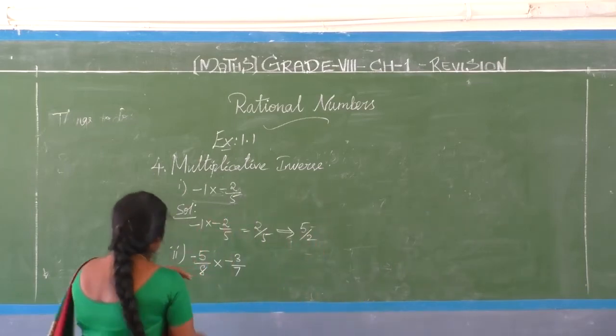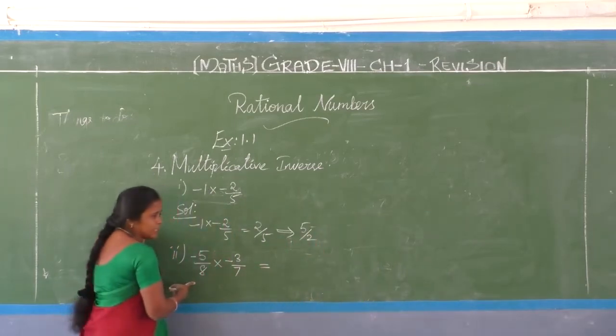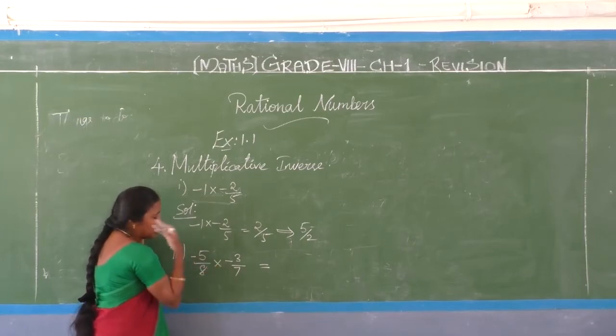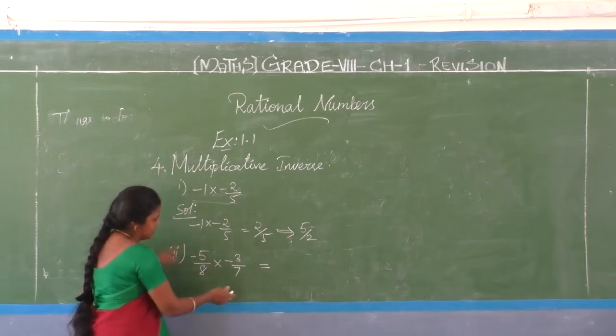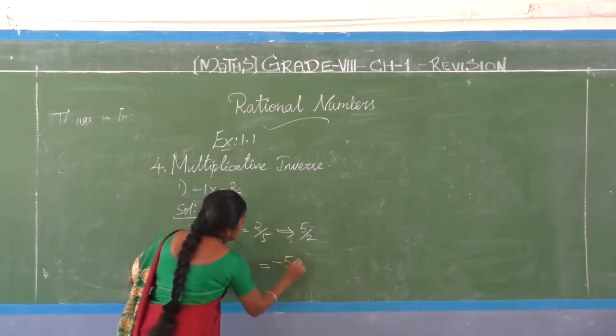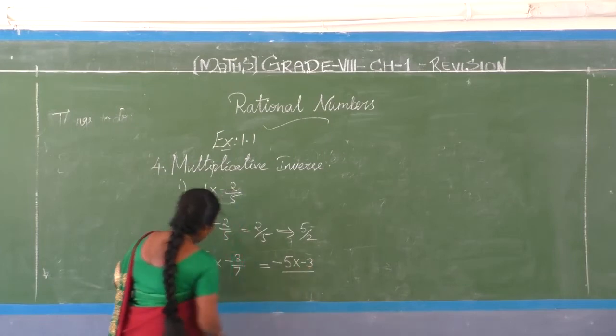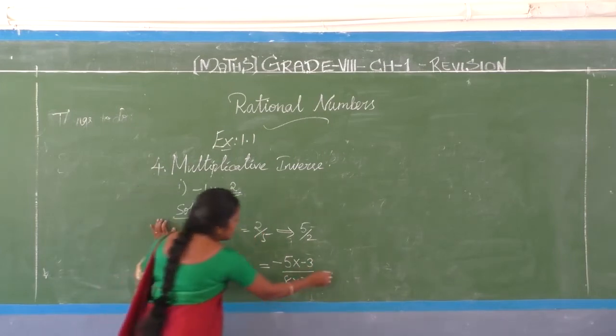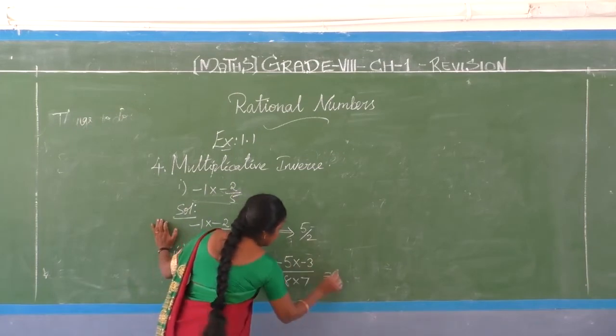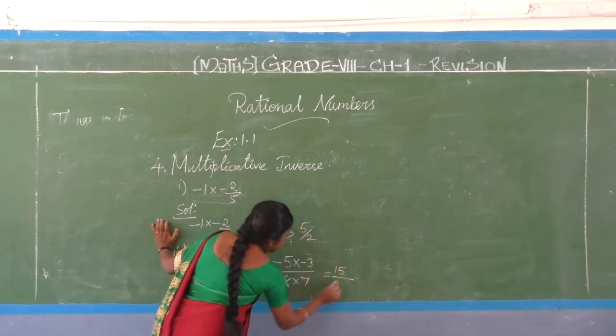So how to solve? What is given? This is a negative rational. This is also a negative rational. For the product we have to take: product of two rationals is equal to product of the numerators by product of the denominators. So what comes? Minus 5 into minus 3 by 8 into 7. No need to take LCM. Clear? Minus into minus is plus. 5 threes are 15, 8 sevens are 56.